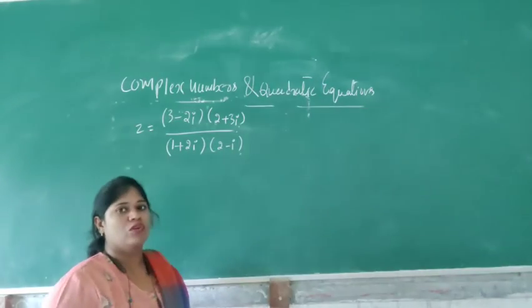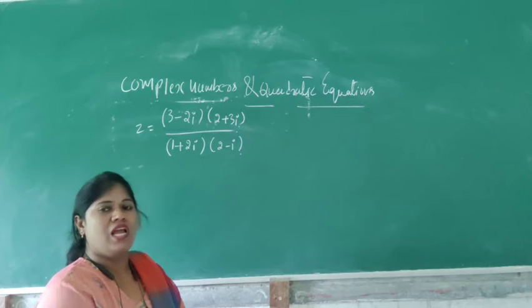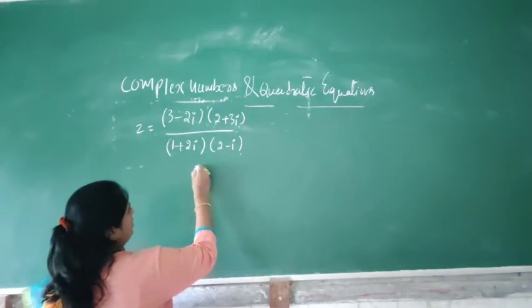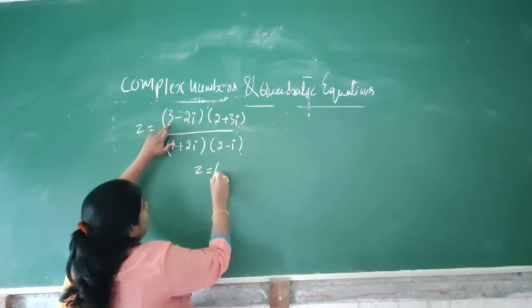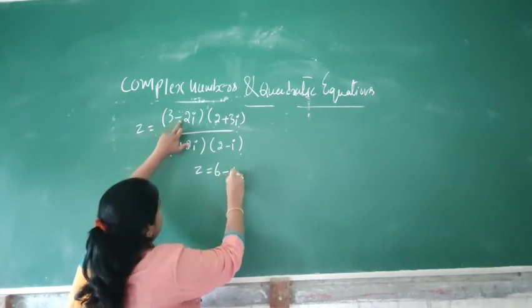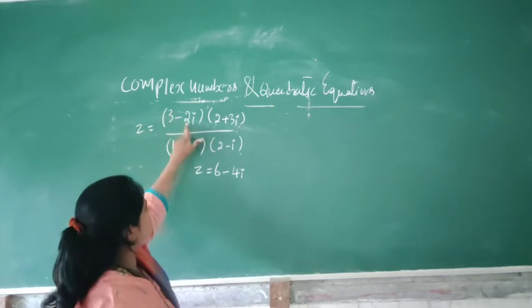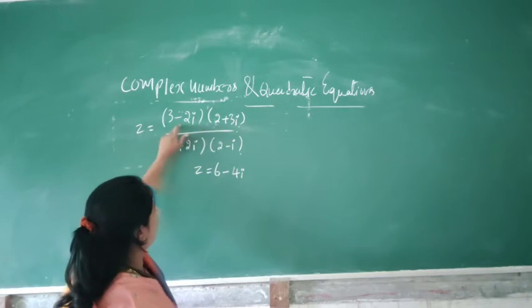So we need to multiply numerator to numerator and denominator to denominator. So z is equal to 2 threes are 6 minus 4i. 2 threes are 6 minus 2 twos are 4i. Now you are multiplying this by this.